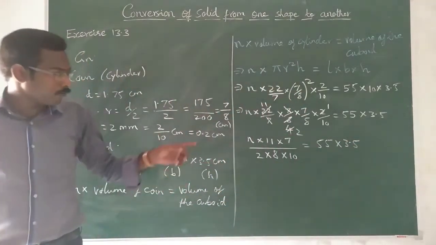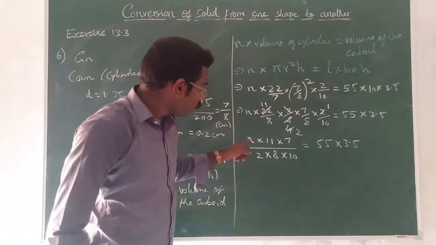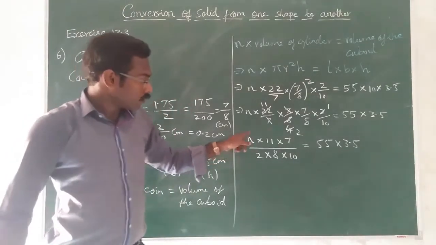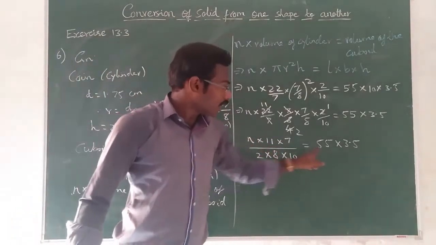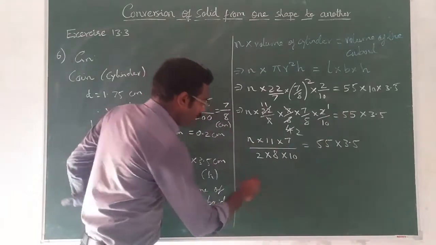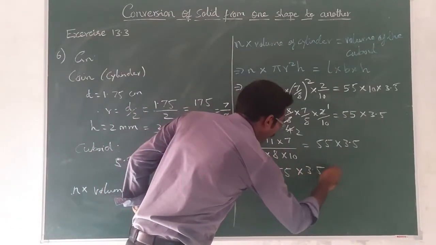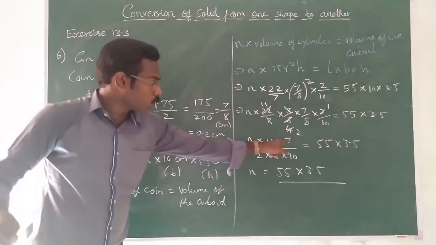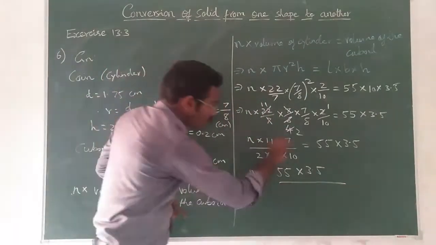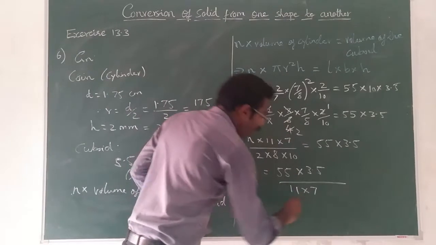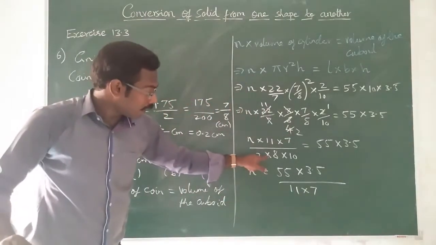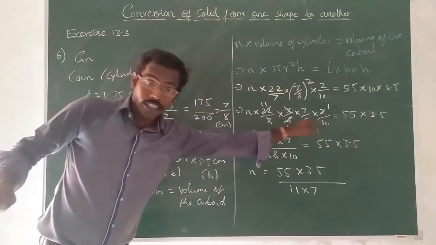Okay, are you all following me? Okay, so now you want to find this n. So let us take all the other terms there. So n is equal to 55 into 3.5. So here these two terms are in multiplication, so it will go there as division, and the denominator terms will go in the numerator.